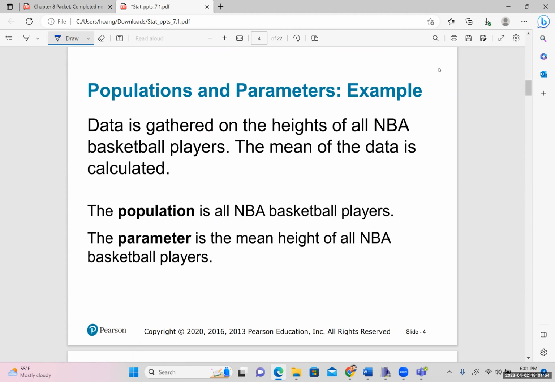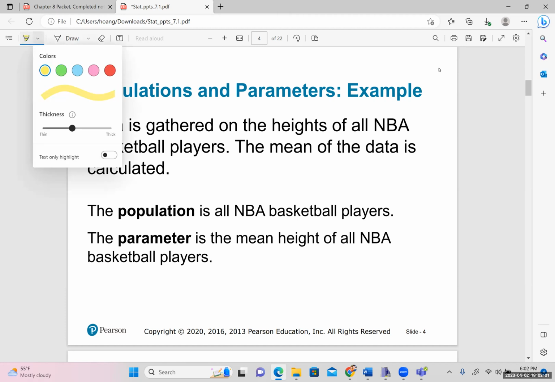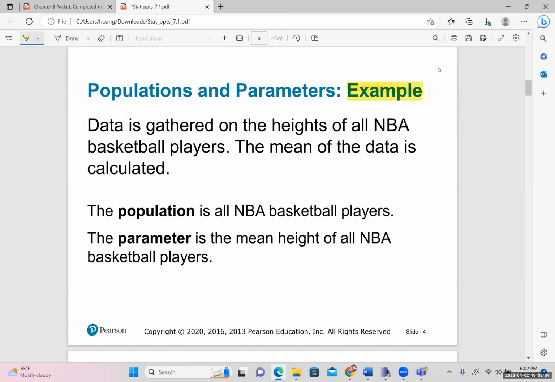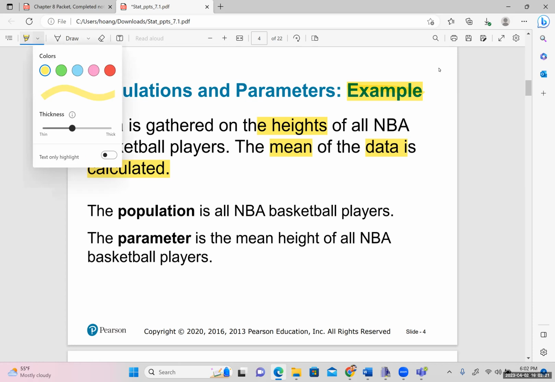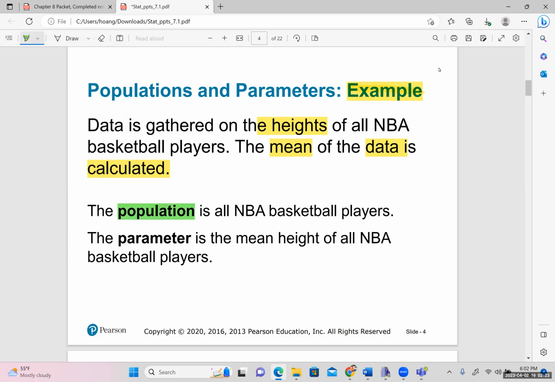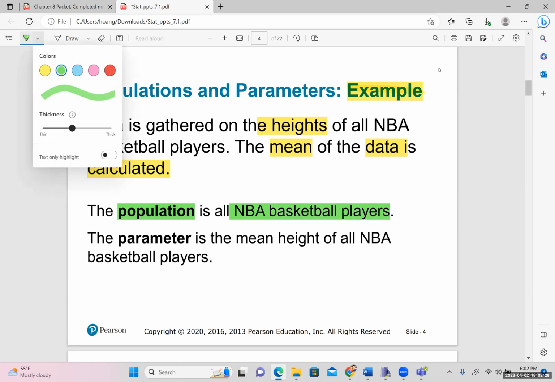Some more examples for population and parameters. Data is gathered on the height of all NBA basketball players. The mean of the data is calculated. So what is the population in here going to be? It's all the NBA basketball players.